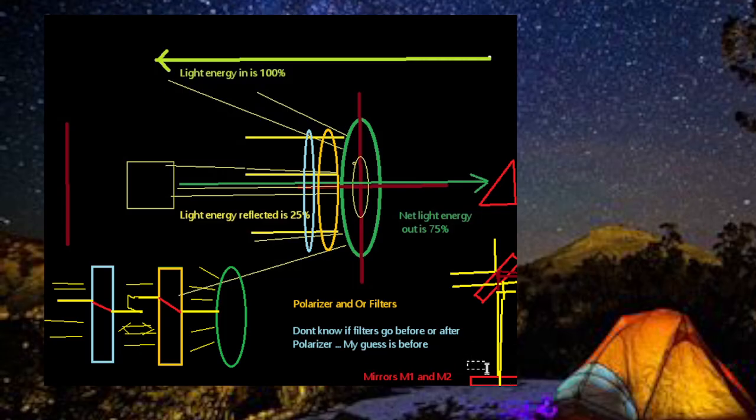So like this one here, this is M2, and then what is that dark red? And that one's M1.